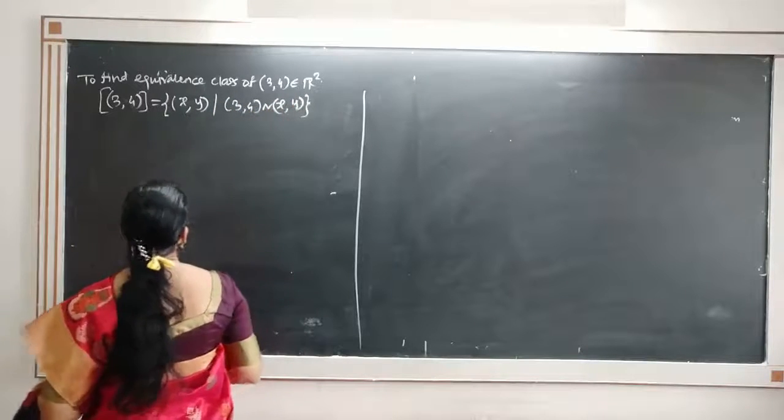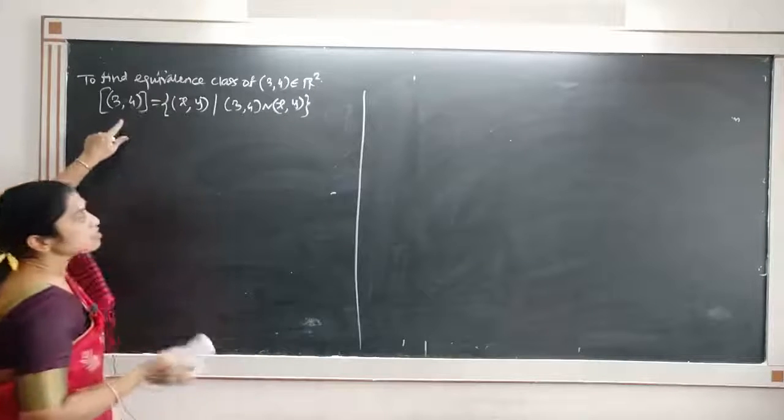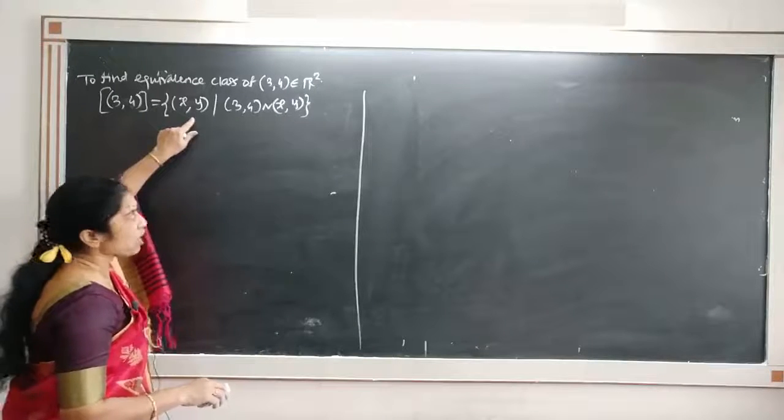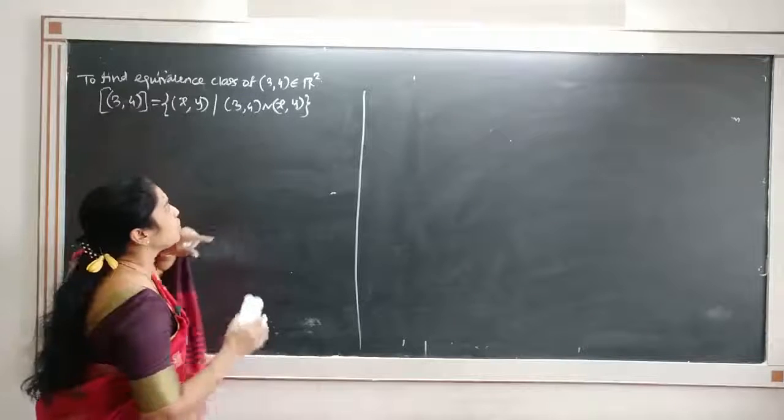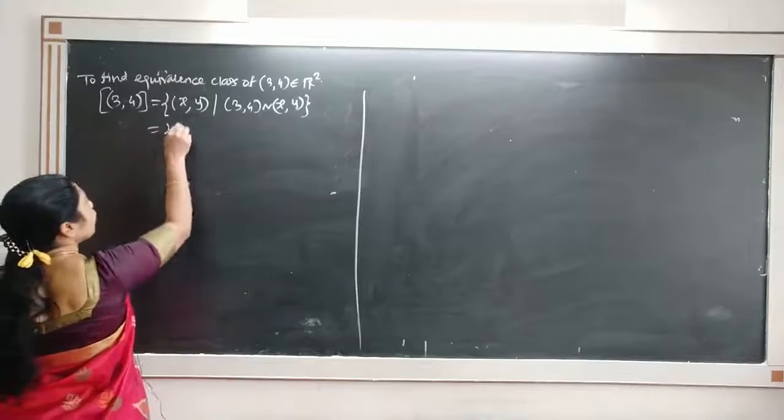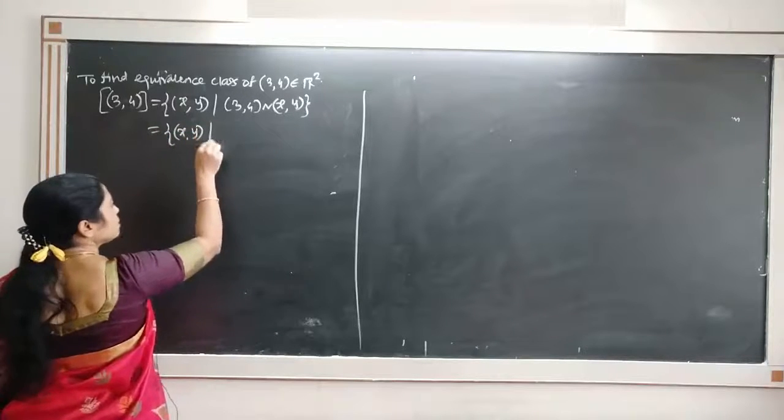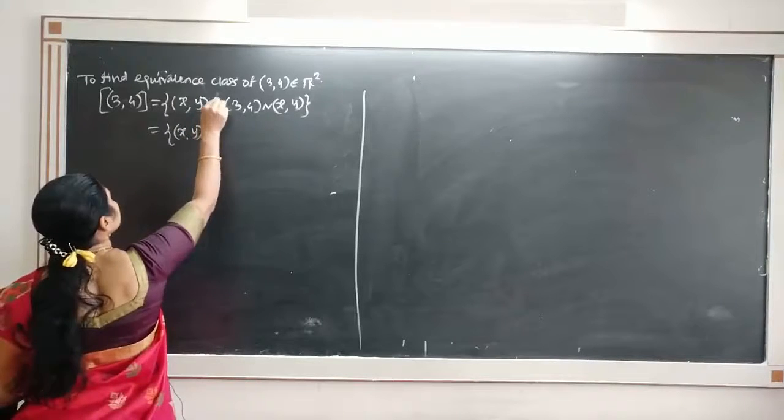The equivalence class consists of all those elements (x, y) which are related with (3, 4). So this is the set of all (x, y) in R2.